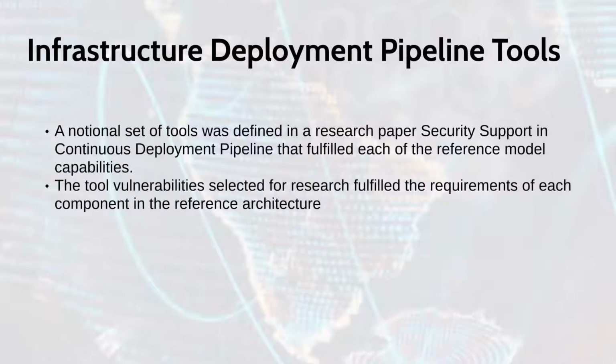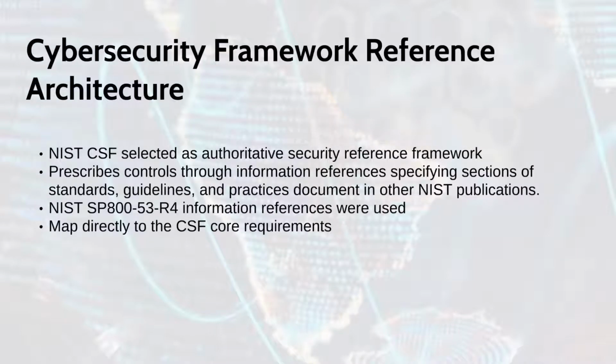In the research paper, "Security Support in Continuous Deployment Pipeline," a notional set of tools was defined that fulfilled each of the reference model capabilities. The tool vulnerabilities selected for research fulfilled the requirements of each component in the reference architecture. The NIST Cybersecurity Framework reference architecture was used for this research.